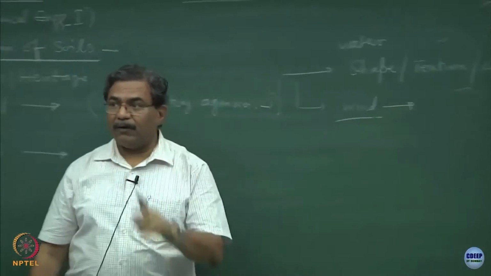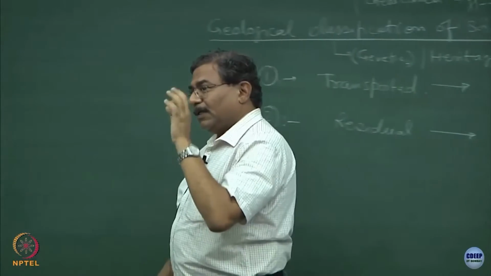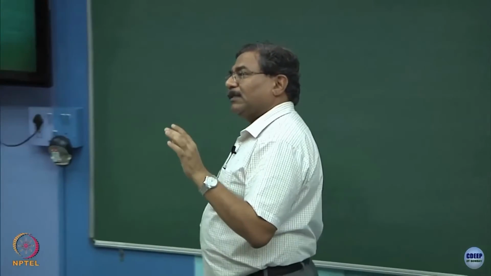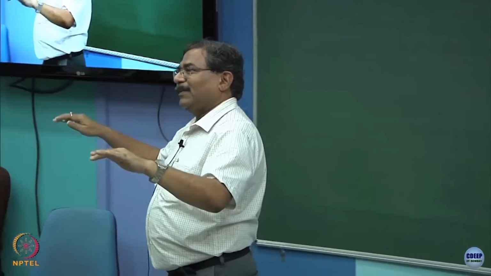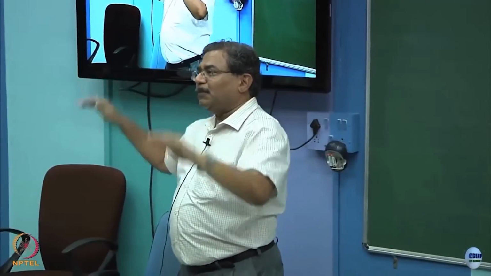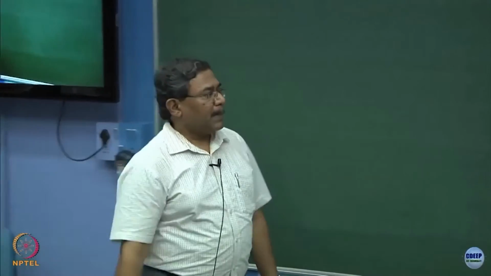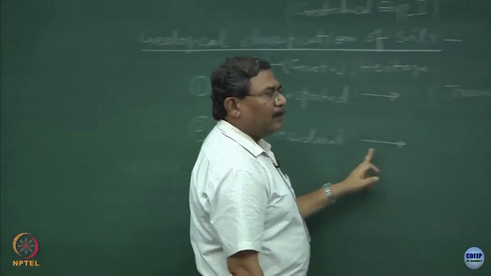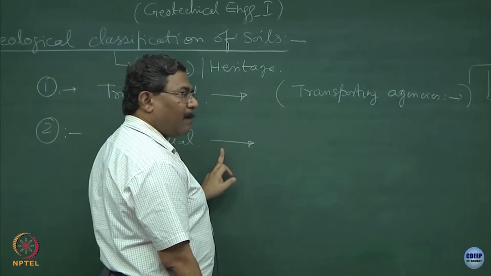I am using the word formation 2 times. One is a process of formation, another is the formation which is because of the deposition. Is this okay? Fine. In residual, it is a different story altogether.